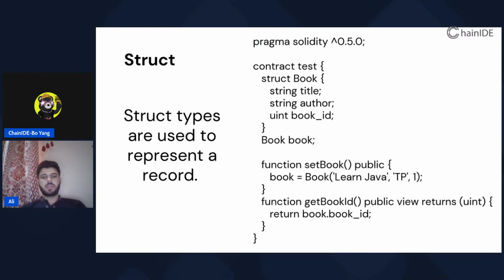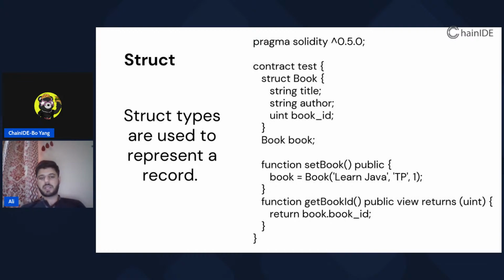So here we store the data. Learn Java is stored as a string title, TP is stored as a string author, and book ID is stored as one.